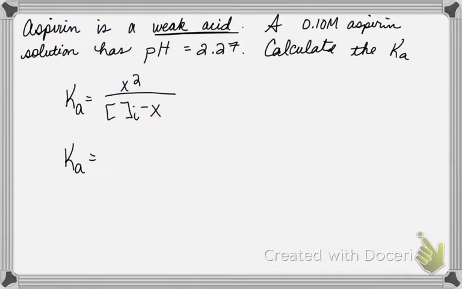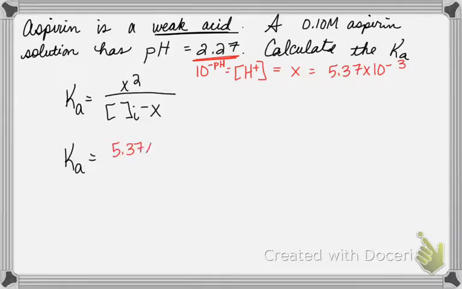If we have the pH, and we do, 10 raised to the negative pH will give us the hydrogen ion concentration, which is the x. So, 10 raised to the negative 2.27 is x, which is 5.37 times 10 to the minus 3. So that means that the x is 5.37 times 10 to the minus 3.